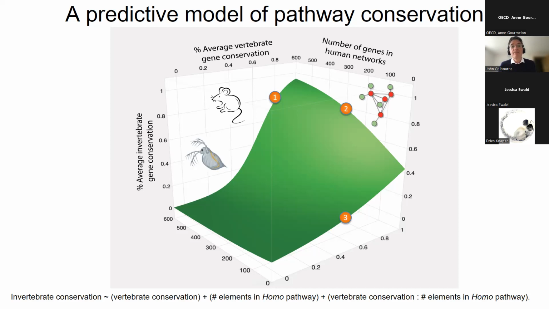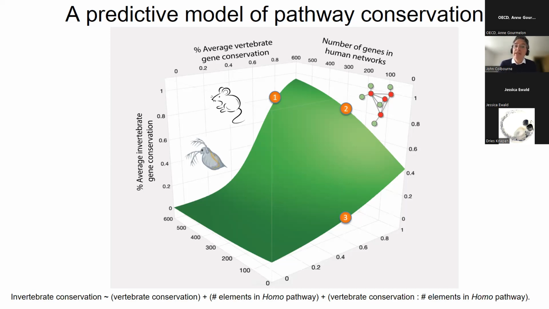But in this case, when we observe 80% conservation between humans and other vertebrates, we also see 80% conservation with the invertebrates. And vertebrates and invertebrates last shared a common ancestor back to the Cambrian explosion almost 600 million years ago. So this is a phenomenal finding.